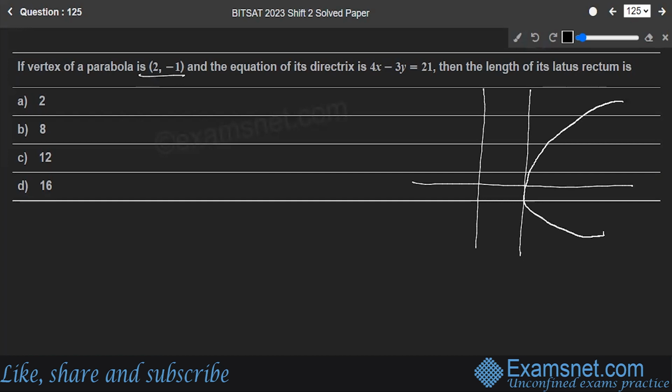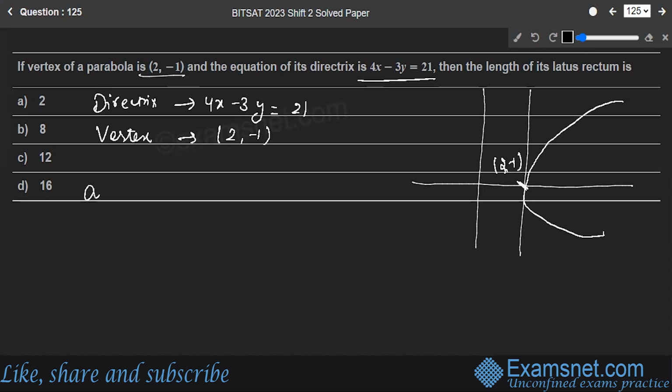This is the vertex 2 comma minus 1, and this is your directrix 4x minus 3y is equal to 11. You are given the directrix and the vertex.